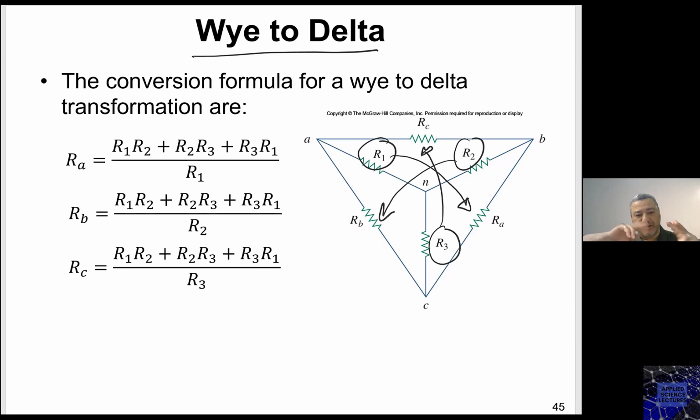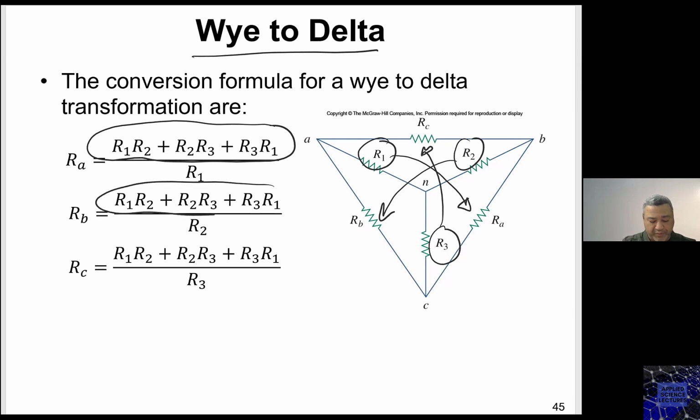So it is the opposite. Look at the numerator. It is the product of all the possibilities, right? R1 times R2 plus R2 times R3 plus R3 times R1. This is the same for all of them.